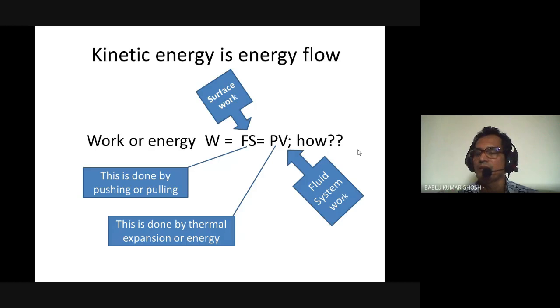But it can also be done in potential energy form. And that work, how we can transfer into the fluid system, that is the PV. That means Fs equals PV. So can you understand that it is transferable? Yeah. Then the electrical work should be VQ. V is the electric potential, Q is the electric charge.